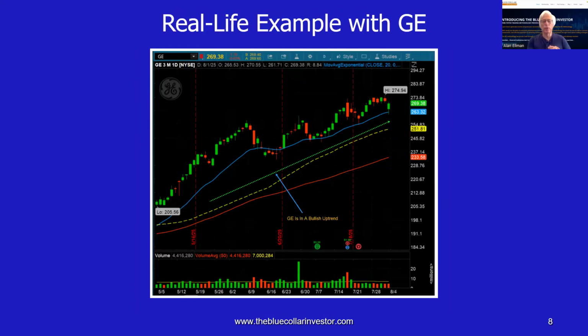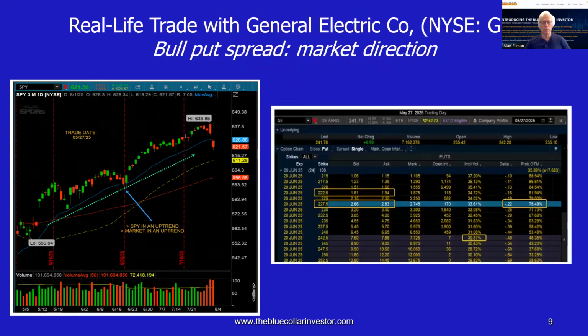We're going to then get into an actual real-life example with General Electric. You can see here in the screenshot that when we made the screenshots for the trade, GE was in a definite strong uptrend. And so is the market, as you can see on the left-hand side of the screenshot. The market itself, SPY, was uptrending as well.